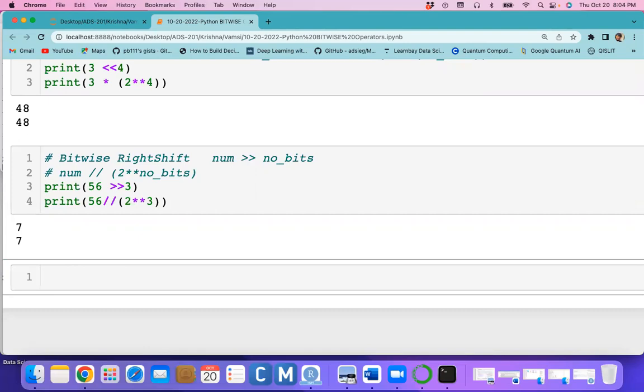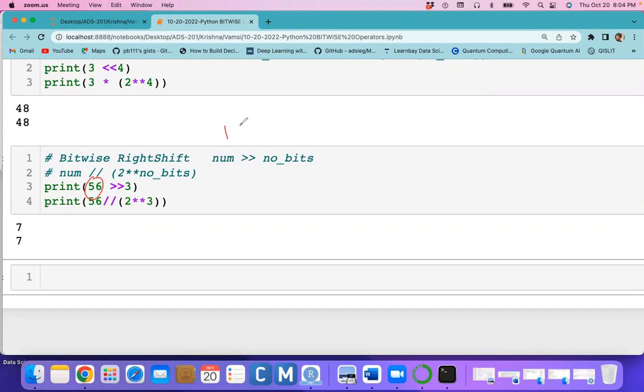But the standard procedure is different again: whatever number you have, you need to convert into binary. So the binary number is 32 plus 16, how much?